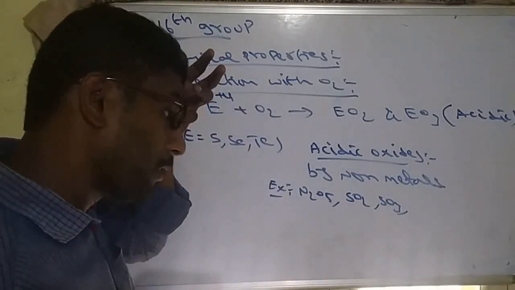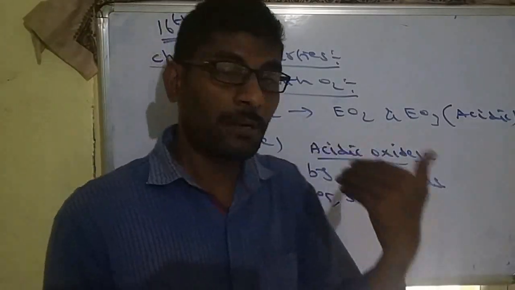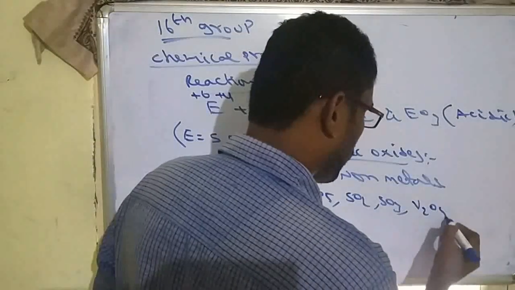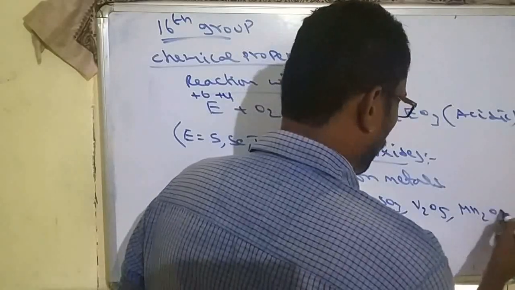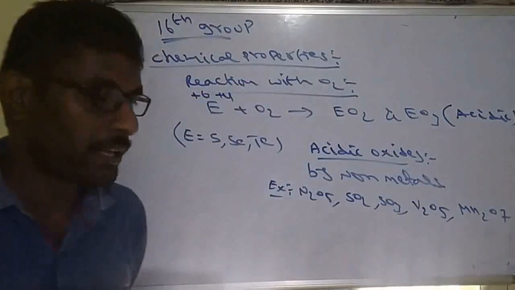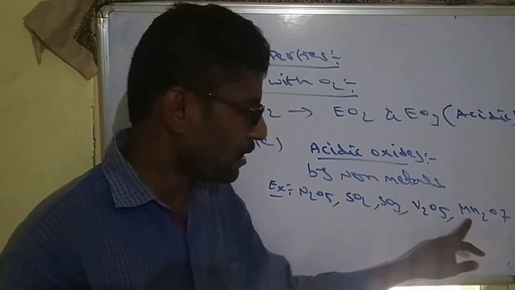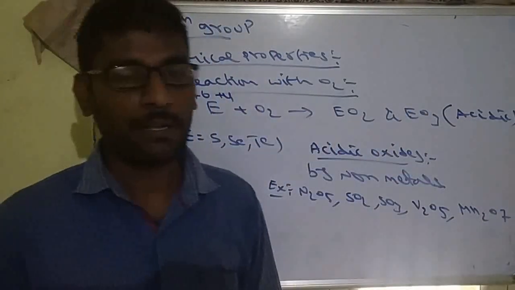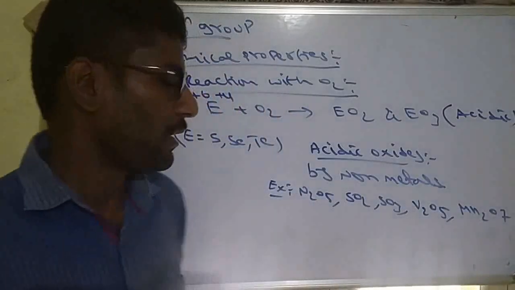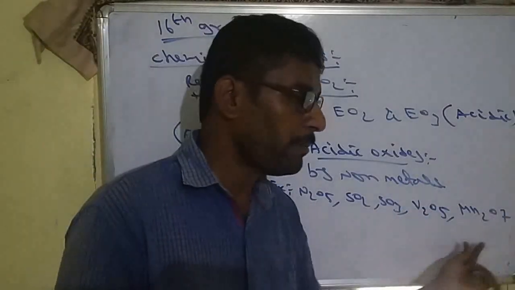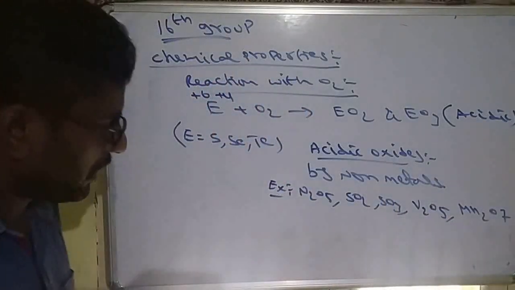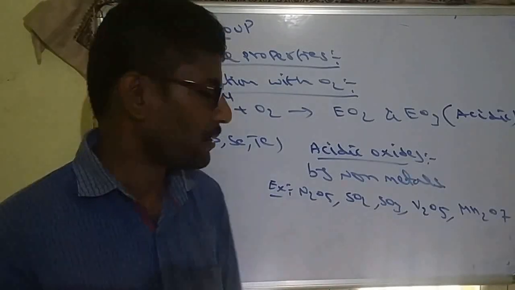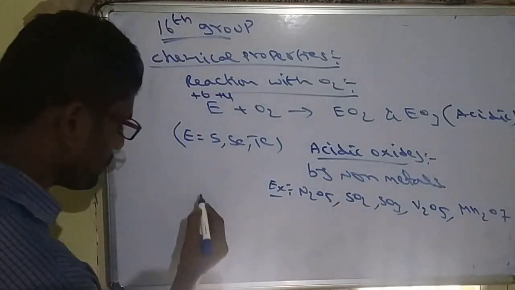Not only these non-metals; if a transition metal has a high-charge oxide like vanadium pentoxide or Mn2O7, these also become acidic. These are actually metals, but here the oxidation state becomes high. Because of the high oxidation state, some metal oxides are also acidic. So some non-metal oxides and some high-oxidation-state metal oxides are acidic in nature. Basic oxides are normally formed by s-block and d-block elements mostly. The important one is amphoteric.